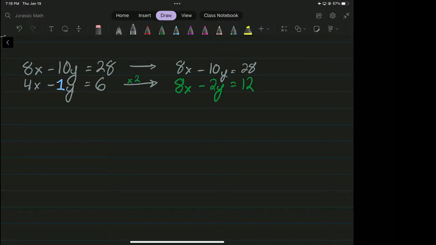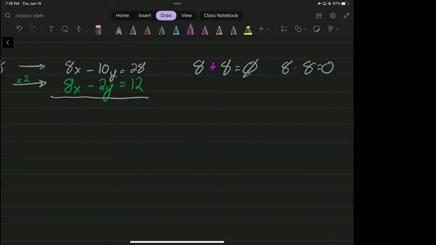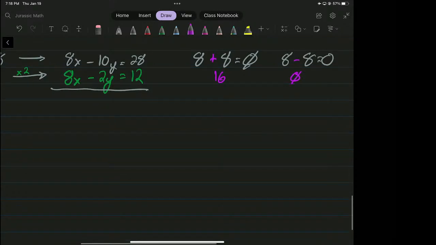From here, I have to decide if I'm going to add or subtract these two equations together. I can either add them or subtract them. Well, if I add the two 8s together, I get 16, and that's not what I want. But if I subtract them, I get 0. So this is a subtraction problem.